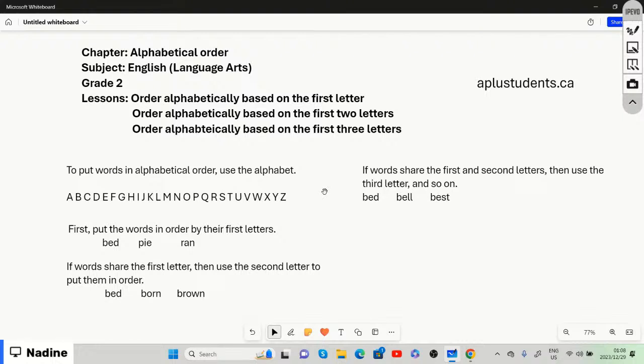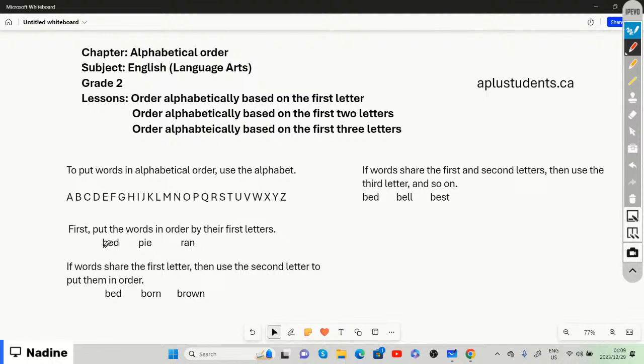So first, we put the words in order by first letter, right? So you need to first look at the first letter of each word in order for us to put those words in order. For example, if we look at the first word, which is bed, right?